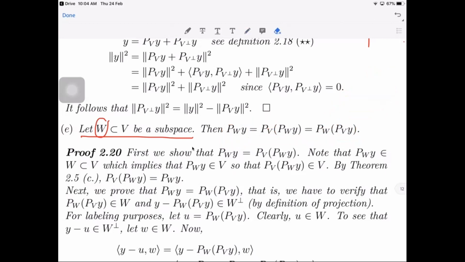So, all of these are talking about projection.